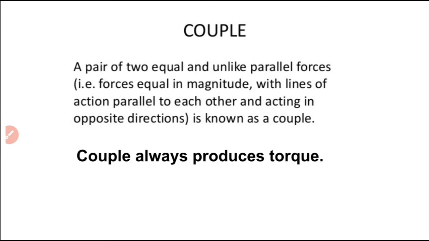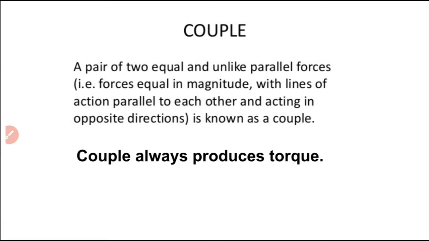They are acting in opposite direction. The two equal forces are acting in opposite direction, and they are not acting at the same point of the object. On the same object itself, at two different points, these two equal forces are acting in opposite directions. So we say their lines of action do not coincide.